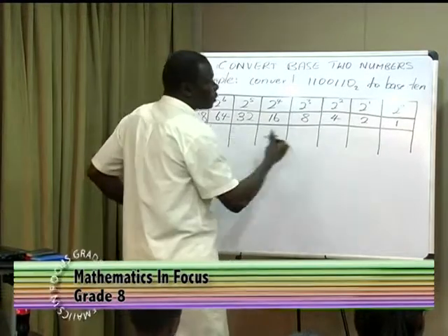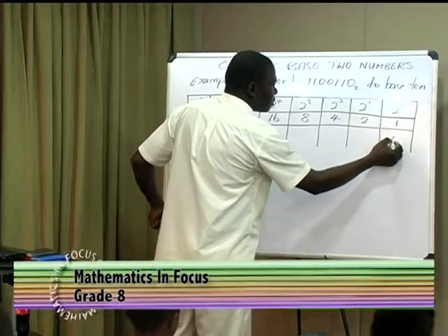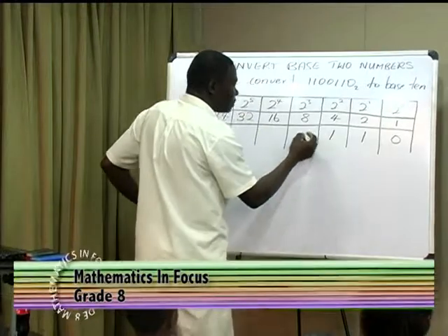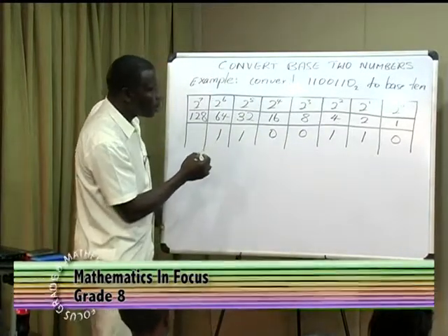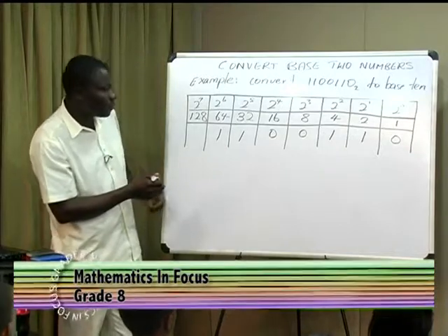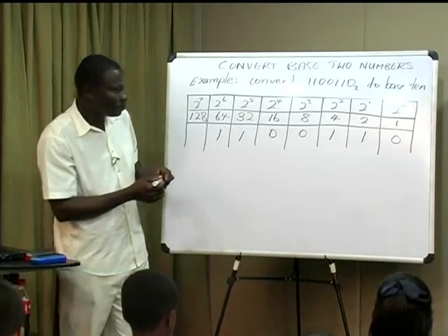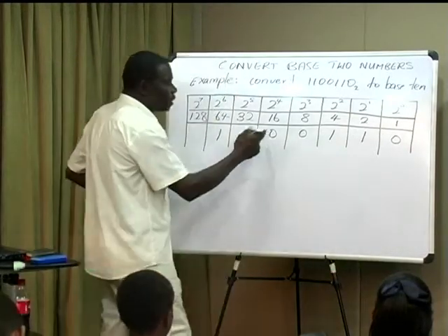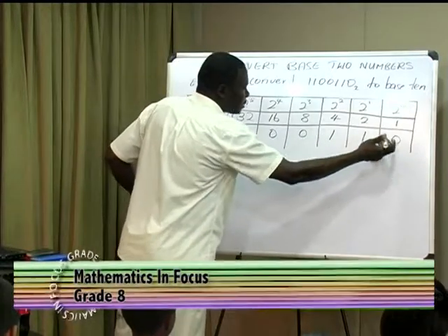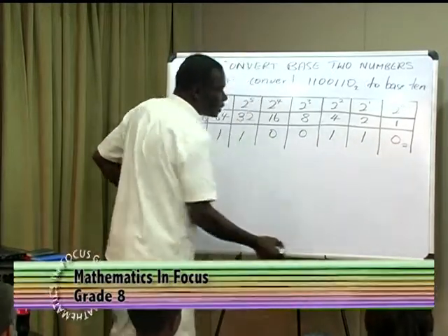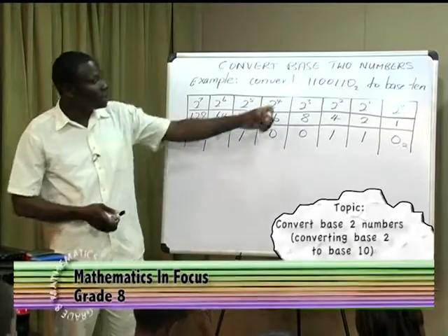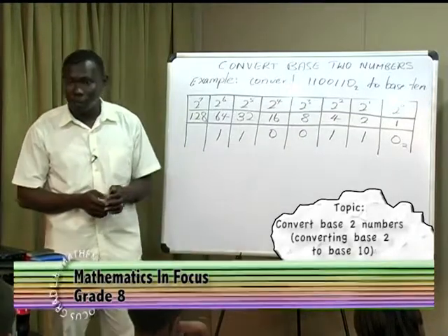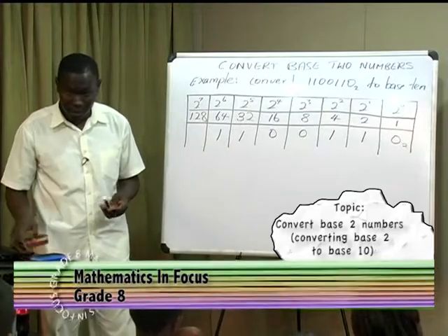So we write backwards and we will have 0, 1, 1, 0, 0, 1, 1. Just verify that it is correct there. Good. So we have 1, 1, 0, 0, 1, 1, 0. And this is a base 2 number. Our task now is to find out what is the base 10 equivalent of this base 2 number.